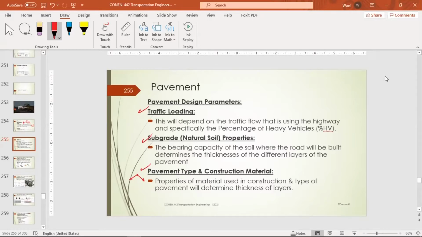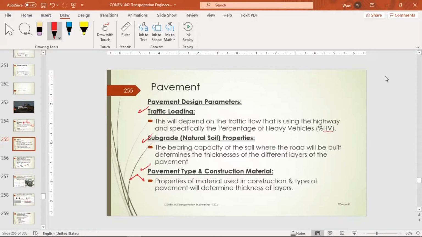So the frequency of heavy axial loads on that road will be higher. So this will need a stronger design. But if we are designing a suburban area with minimum heavy vehicles, the design will be different.